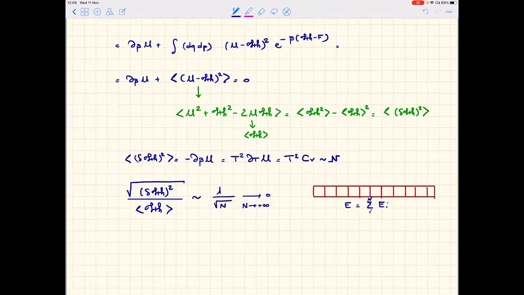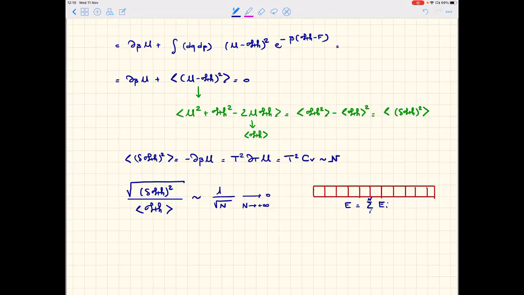If the square root of delta H squared is much smaller than the average H in the thermodynamic limit, this means that with almost one probability, any system you pick up with those conditions is going to have an average energy E. The variations are going to be negligible in the thermodynamic limit, and therefore they are practically equivalent. Fixing the temperature or fixing the energy is practically equivalent in the thermodynamic limit.